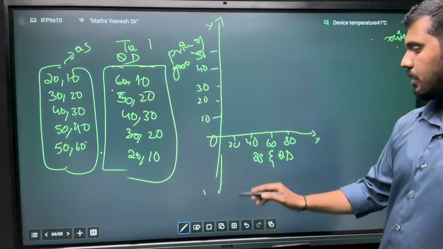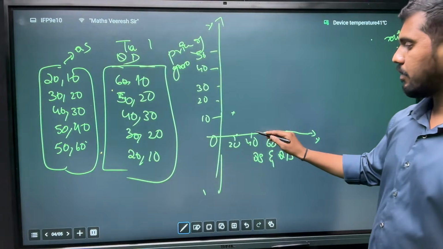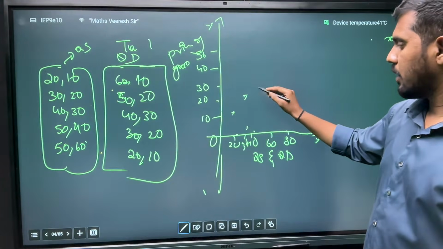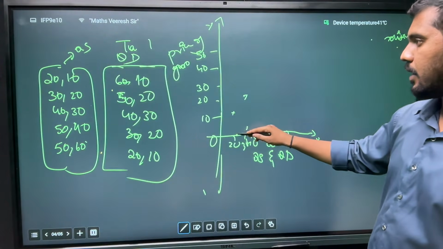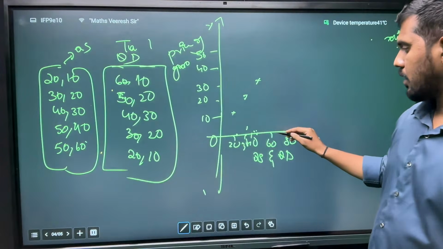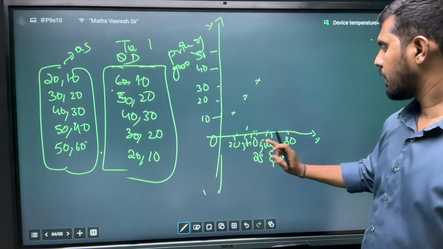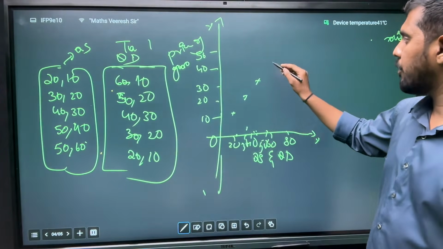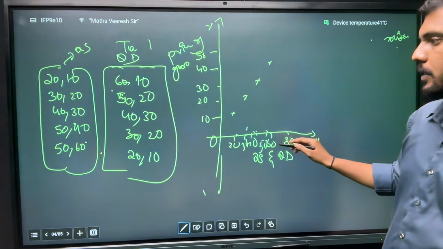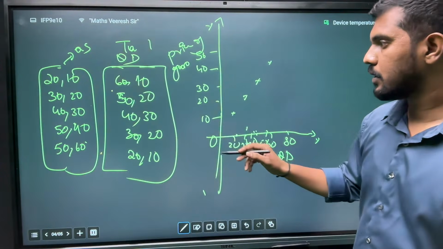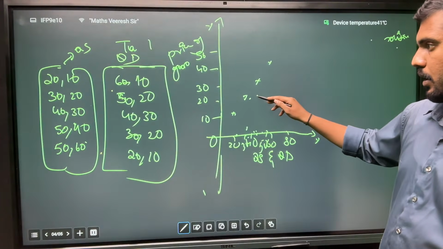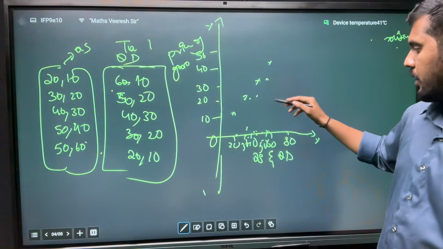First we have to take QS: 20, 10; 30, 20; 40, 30; 50, 40; 60, 50.